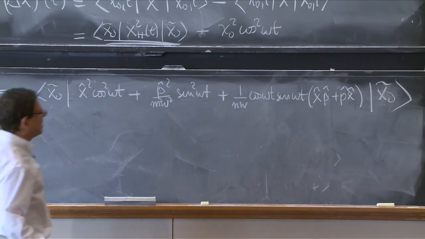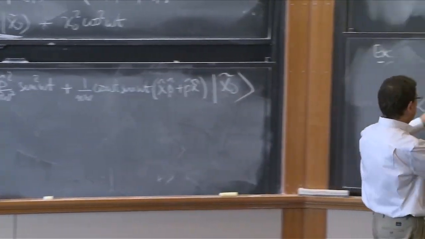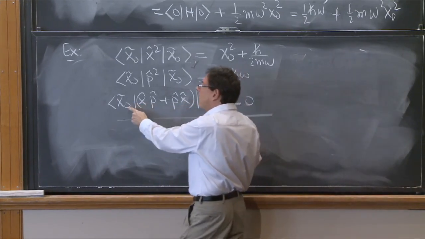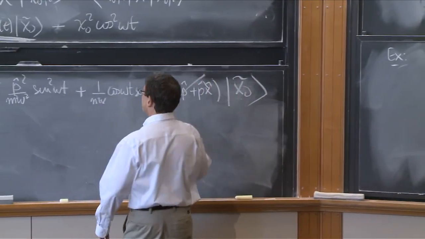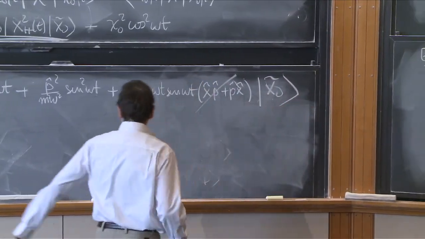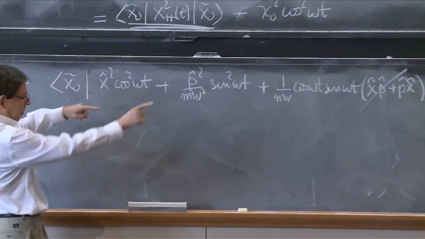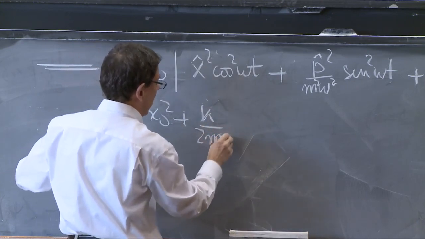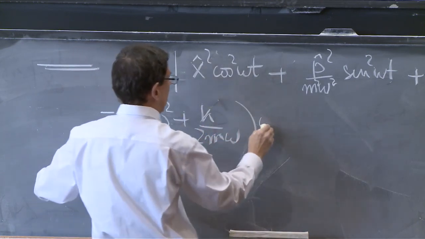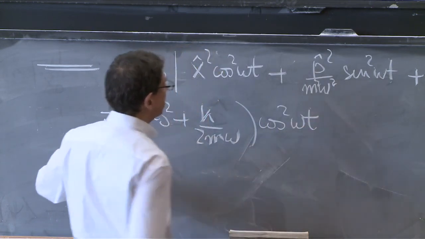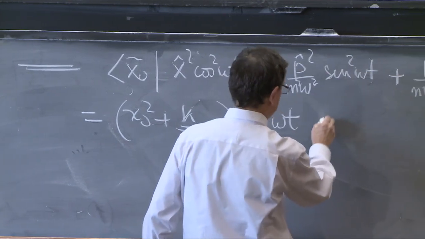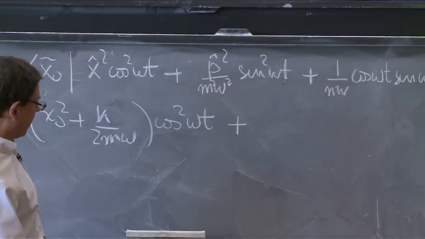But I suggested a few exercises here. This is 0. In fact, it's 0 in the ground state as well. So this is 0. x squared gives you the top equation, x0 squared plus h bar over 2m omega, cosine squared omega t, plus p squared over m squared omega squared.